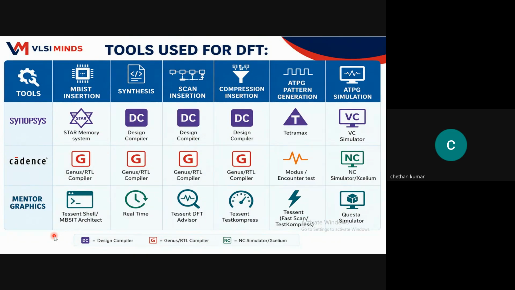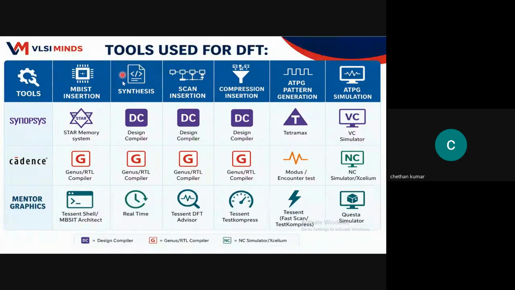So the tools which we use for DFT purposes come from three main EDA vendors in the industry: Synopsys, Cadence, and Mentor Graphics. As I mentioned, there are different processes under DFT: MBIST insertion and synthesis. Synthesis you can forget for now, because it will be taken care of by the PD team.